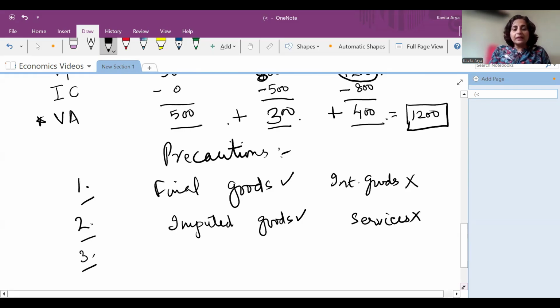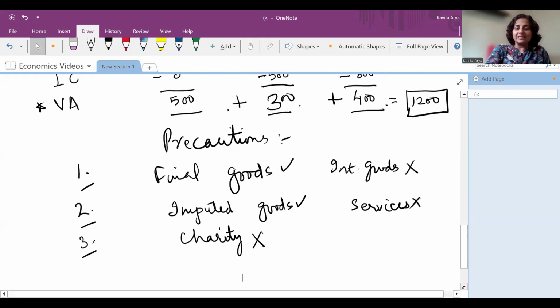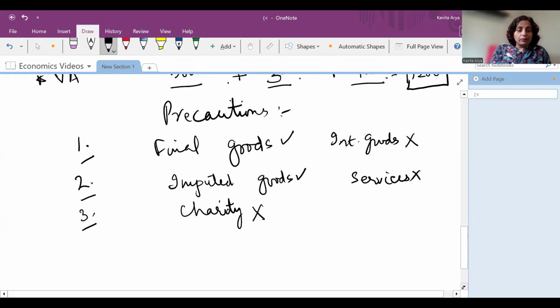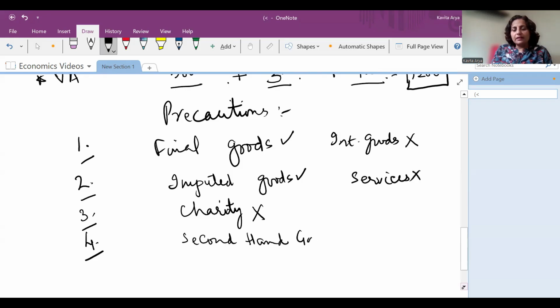The goods taken and produced for charity would never be a part of national income because that is non-monetized. Monetization would not happen. We do have another thing: the sale and purchase of second-hand goods would never ever be a part of calculation of national income.